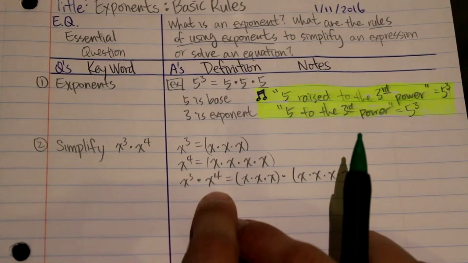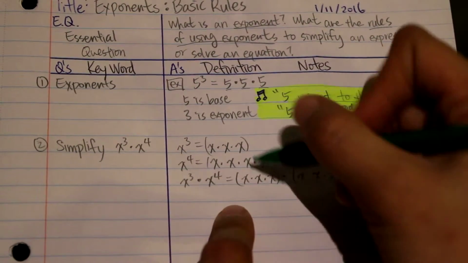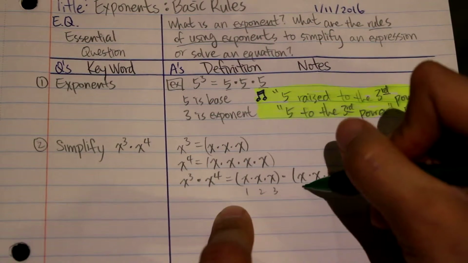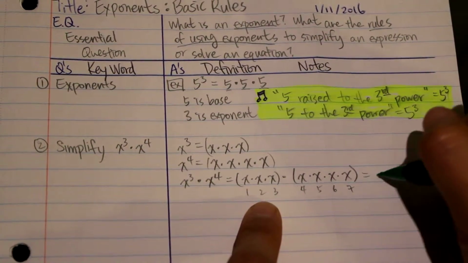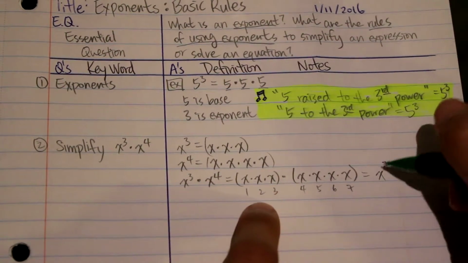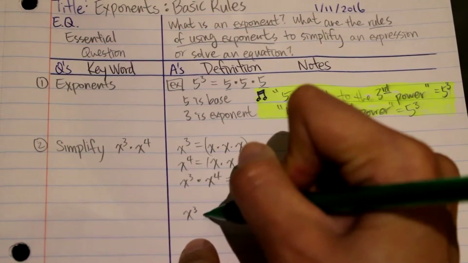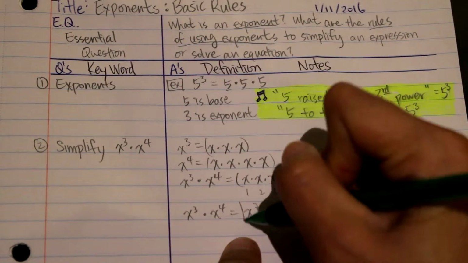Instead of having to write x to the third times x to the fourth, you're expanding it out to make sure how many there are, to double check. Okay, so 1, 2, 3, 4, 5, 6, 7. So we have x to the 7th power because we have it 7 times. So you can simplify x to the third times x to the fourth is equal to x to the 7th.